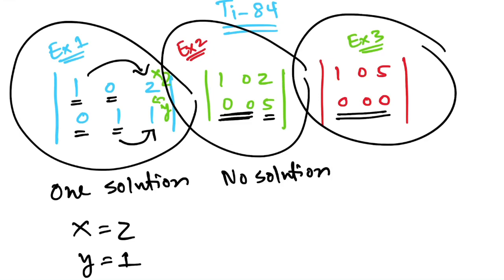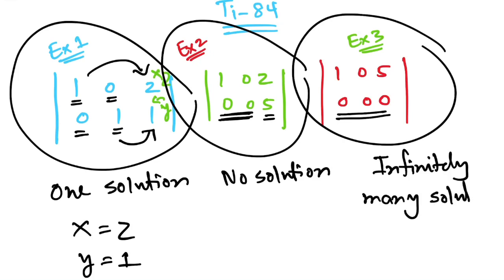If you have 3 zeros on your second row, it's going to be infinitely many solutions. I hope you noticed the difference between no solution and infinitely many solutions. Infinitely many solutions has 3 zeros.